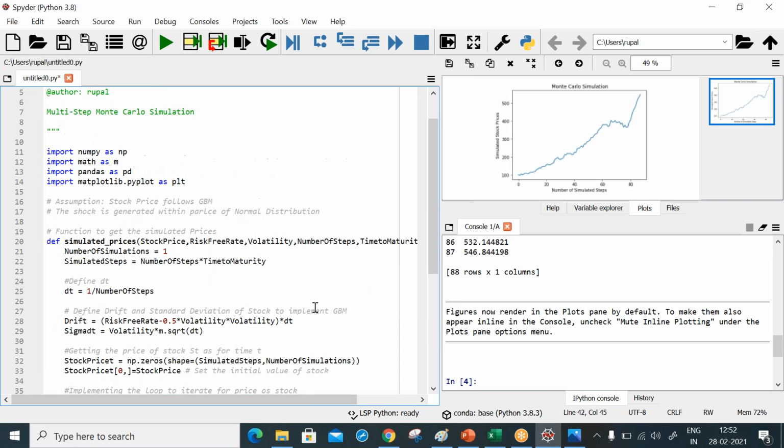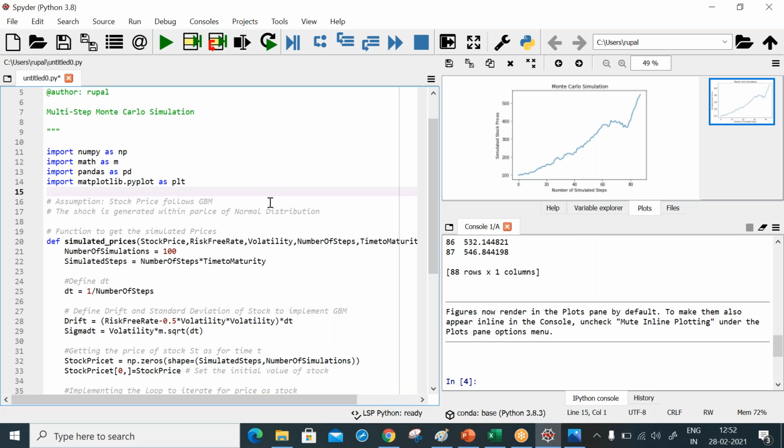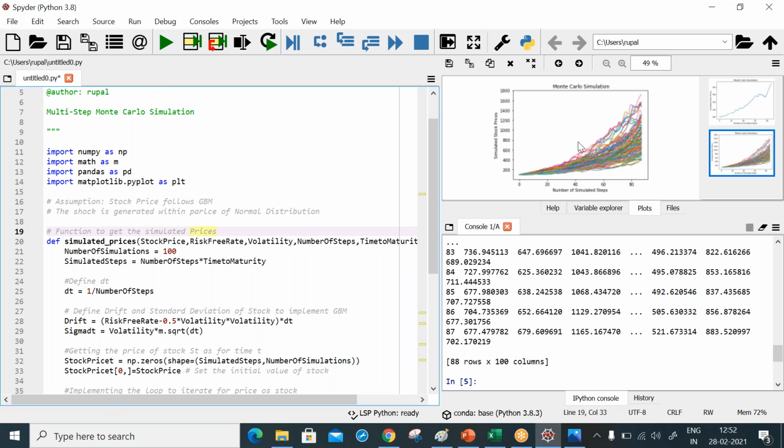And if I do exactly the same thing for 100 simulations, I'm going to get a graph of 100 such lines, 100 such paths that a stock follows. I will give you the code, and this is it.